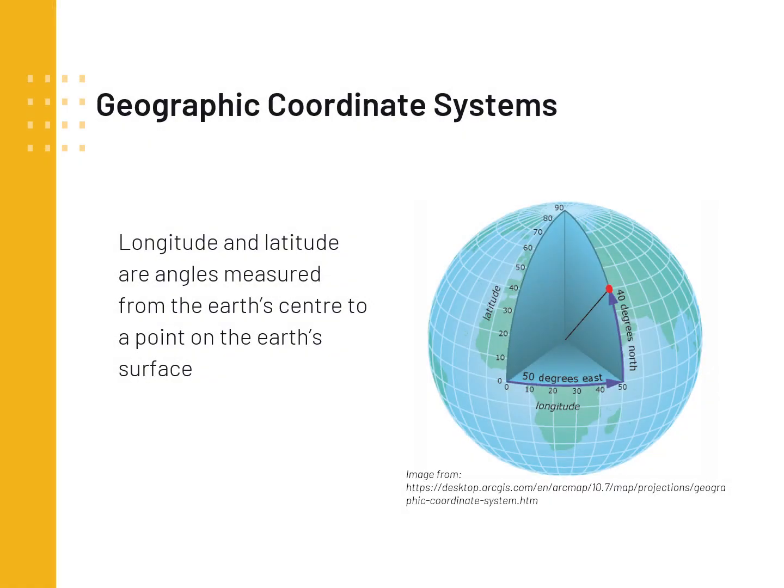A little more about geographic coordinate systems. They are always measured in latitude and longitude, and these are angular measurements from the center of the Earth out to the surface. It's like having a protractor that you can bring to the center of the Earth and measure off the amount of degrees. So again, latitude and longitude will typically be measured in degrees or decimal degrees.